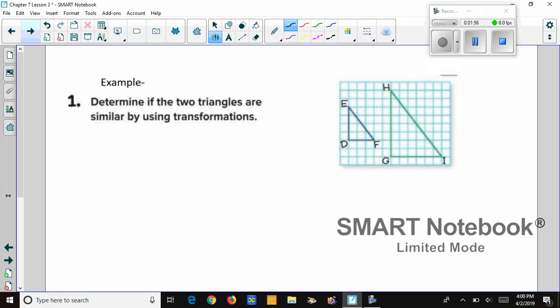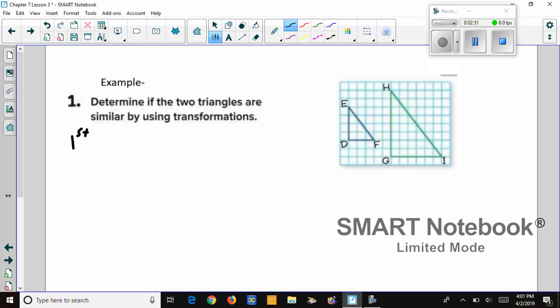So in our first example, it's asking us to determine if the two triangles are similar by using transformations. So we need to first figure out if there is a transformation that will take triangle DEF and put it where triangle GHI is. So let's start there. First, note that these are facing the same direction.